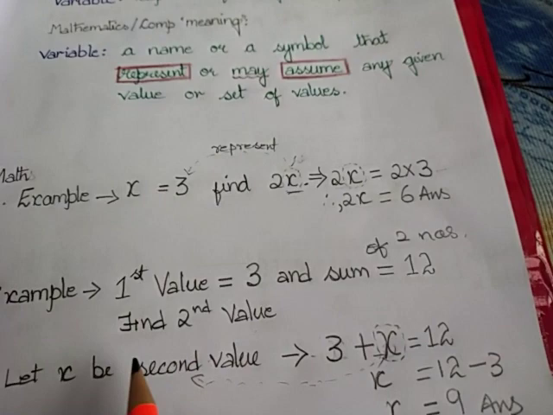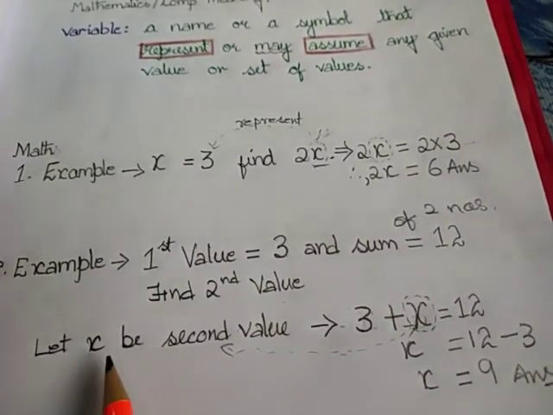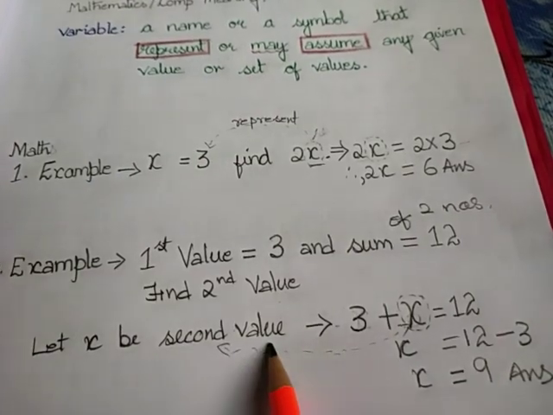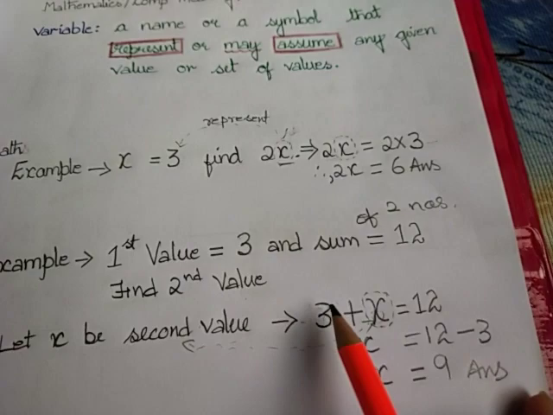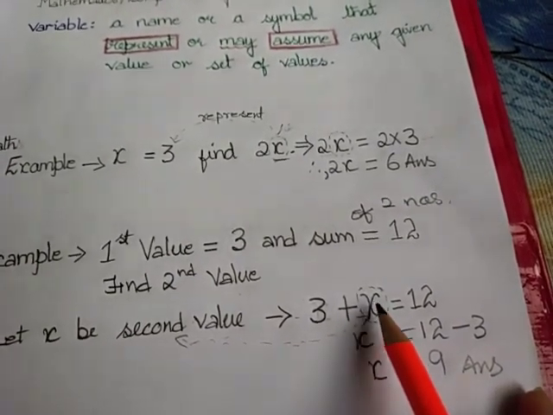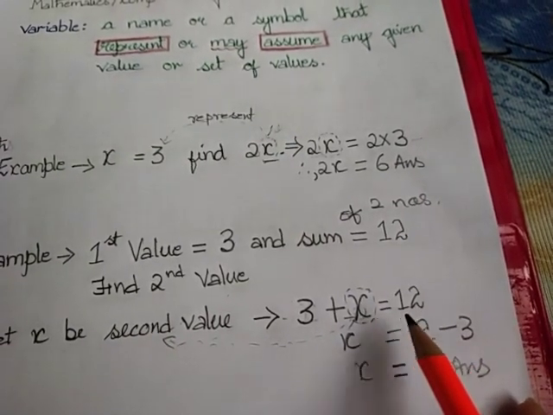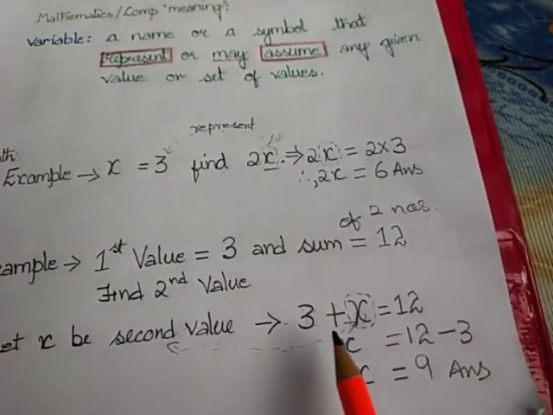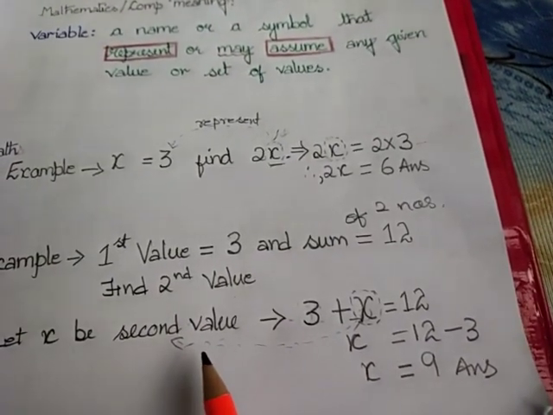So in this case, what we used to do, we mention let x be the second value, and then our expression will become 3, which is the first value, plus x, which is the second value, is equal to 12. So over here, this symbol x I assume as the second number.